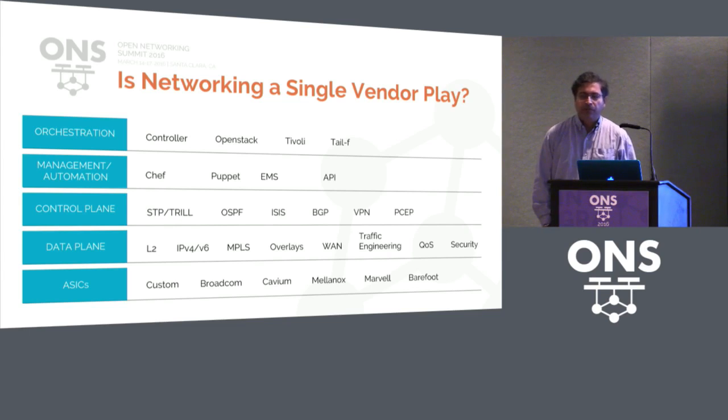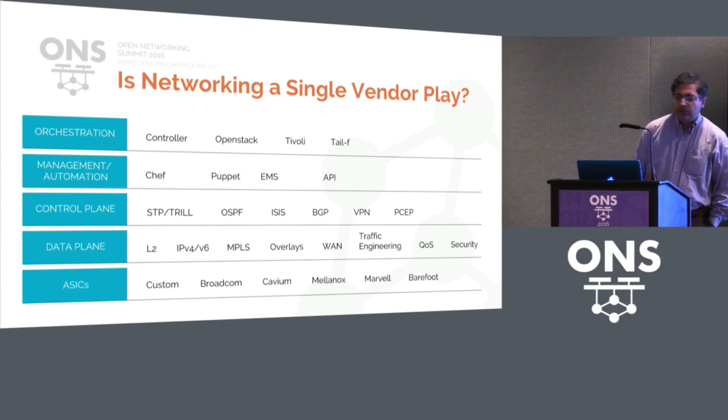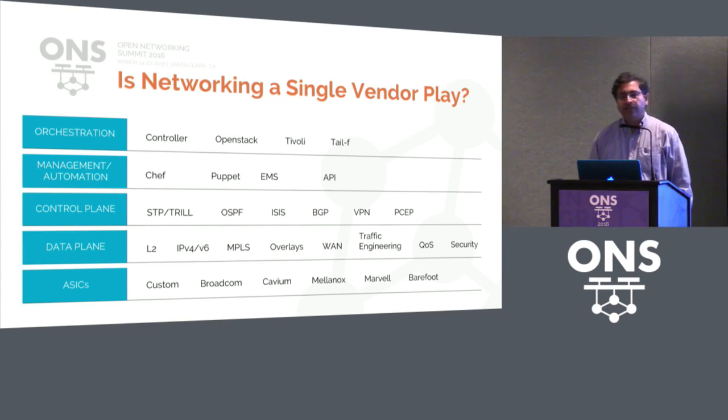So you have a control plane that introduces some logic, some method to change your data plane forwarding methods. And as you go further up, you have the management, the automation framework, and then an orchestration framework where you incrementally automate your network or your compute or your workflow essentially.